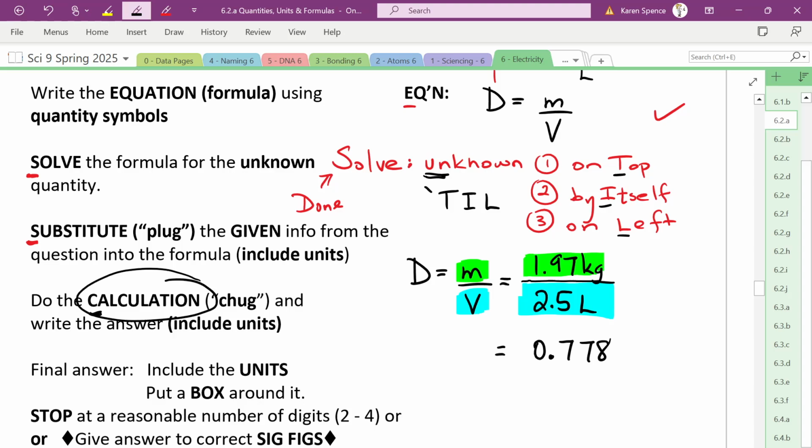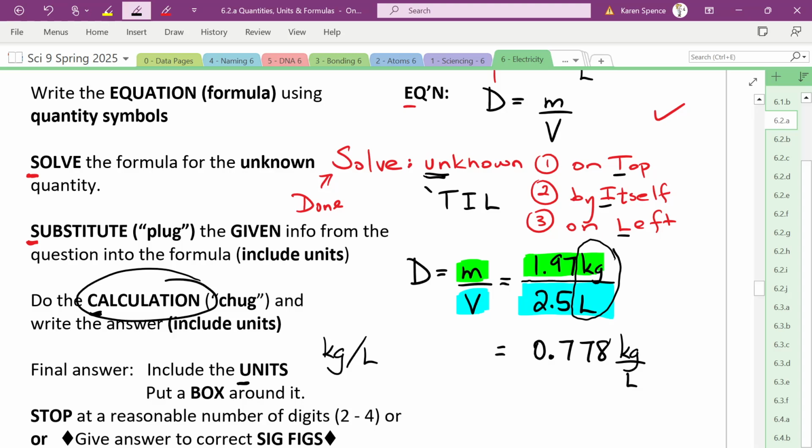Now we're into CUBS. The C is calculate. The U stands for units. And our units, if you didn't know them before, now it tells us those are kilograms per liter. If you prefer to write that as kilograms/liters, that's fine. I like to write them one over top of the other because when it comes to unit canceling, it just makes life easier.